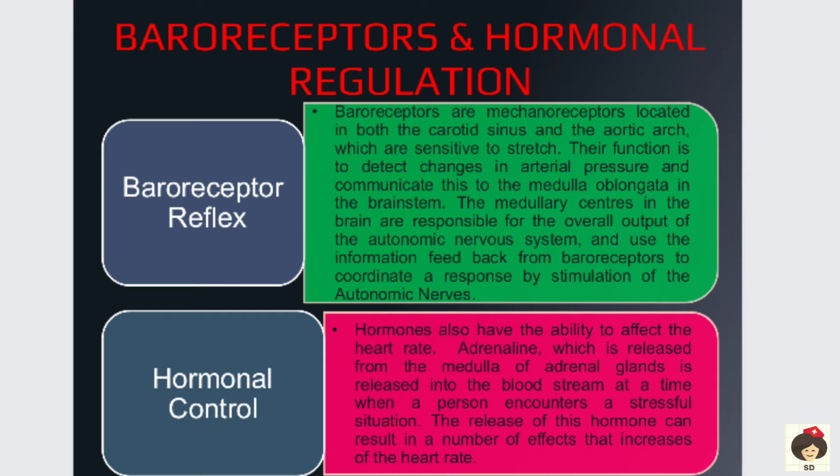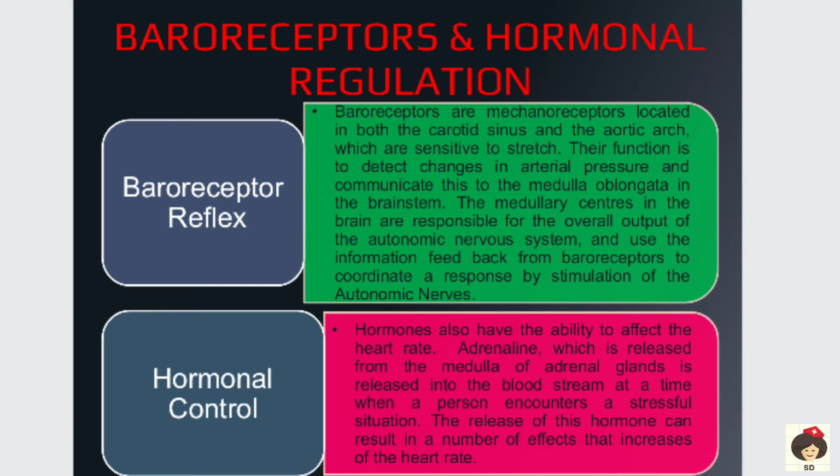At the carotid sinus, these baroreceptors are present, which are sensitive to stretch. They will identify the pressure in the arteries, and whenever there is some decrease or increase in the pressure, they immediately send impulses to the medulla oblongata in the brainstem, which is responsible for pulse, and these medullary centers in the brain are responsible for the overall function of the autonomic nervous system.